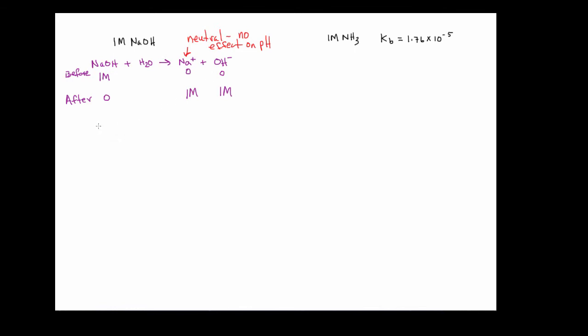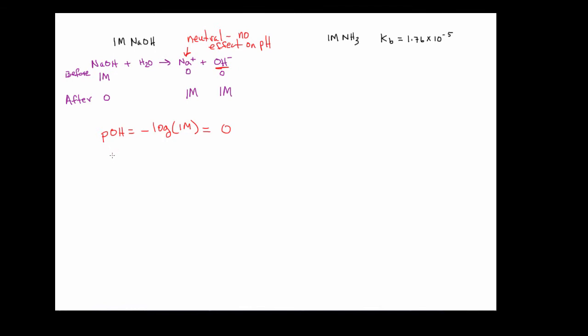Now to find the pH of this, since we're at the level of hydroxide, we are going to find the pOH first by taking minus the log of the concentration of the hydroxide, and log of 1 is equal to 0. So the pOH of this solution is 0.